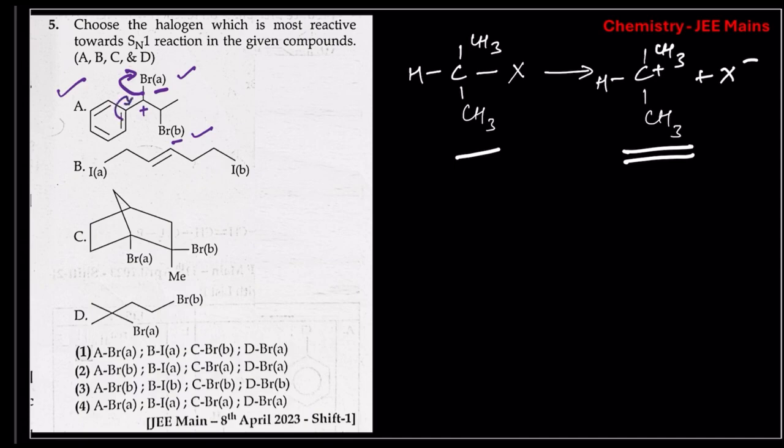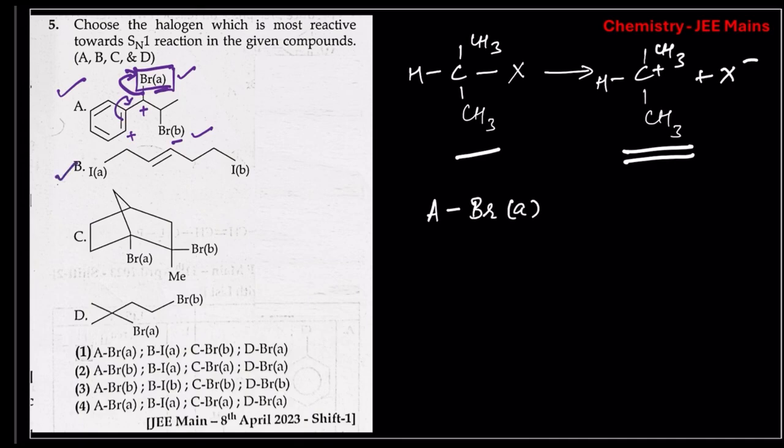These pi electrons will come here and this positive charge will get delocalized on the benzene ring. So carbocation formed by the loss of bromine marked as A is more stable than the carbocation formed by the loss of bromine marked as B. So the halogen which is most reactive towards SN1 in this compound is bromine marked as A. So for A it is bromine which is marked as A.